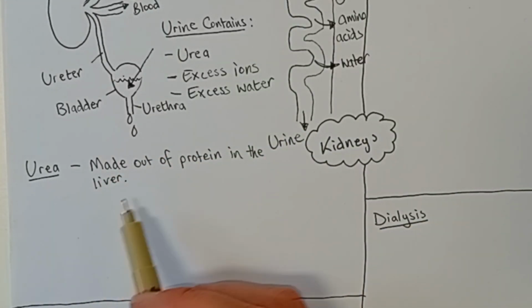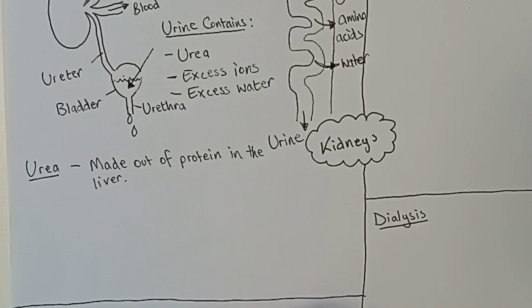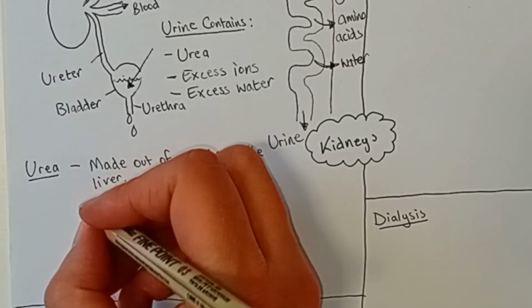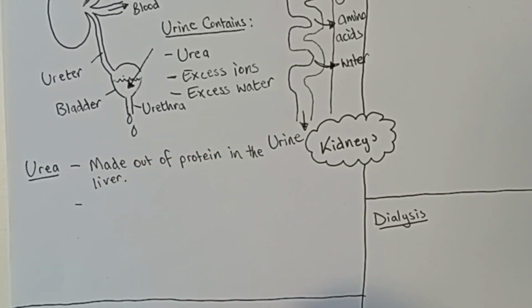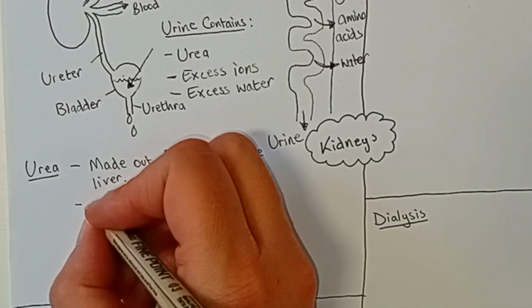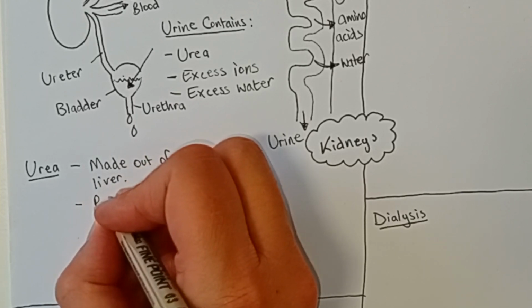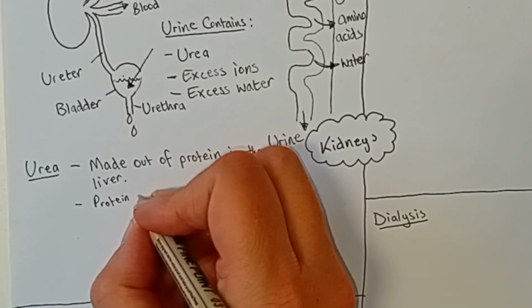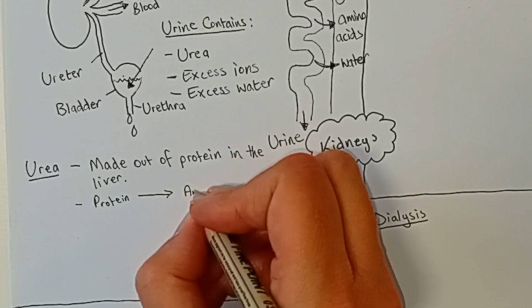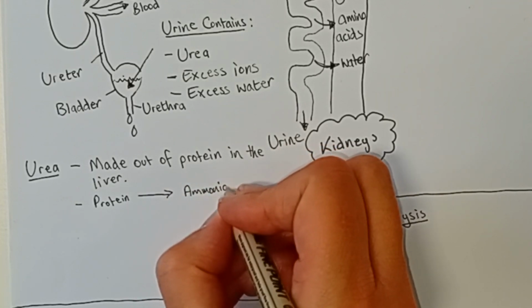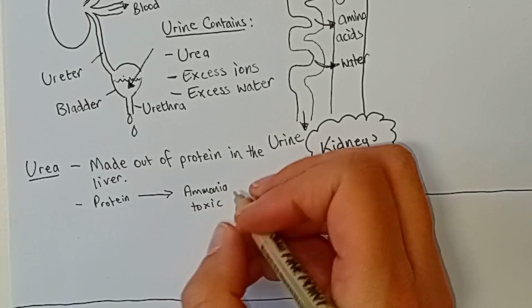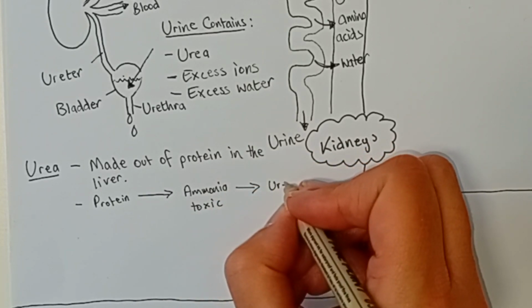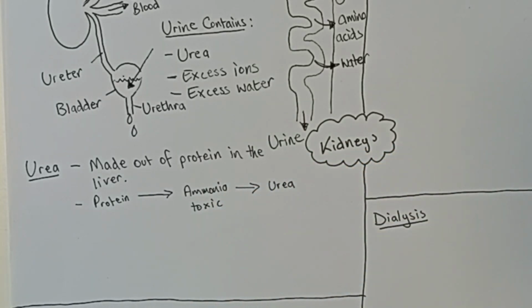So any extra protein that you eat that's not converted into muscle mass can't be stored, and so your body sends it to the liver. And again, this was on a higher question. It's not really on the specification, but I'm going to mention it here. So protein is taken to the liver where it's turned into ammonia, which is toxic. And so then, to get rid of the ammonia, it's converted into urea. So that's one role of the liver, making urea, getting rid of this extra protein.